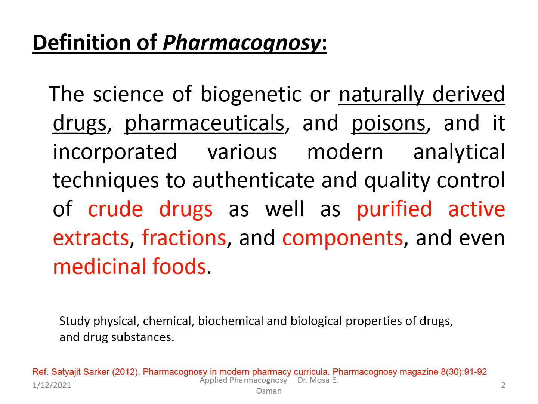From the definition, we know that the science of pharmacognosy involves studying natural compounds, including drugs, pharmaceuticals, and poisons. Study of what? Of natural drugs. Study of their physical, chemical, biochemical, and biological properties.